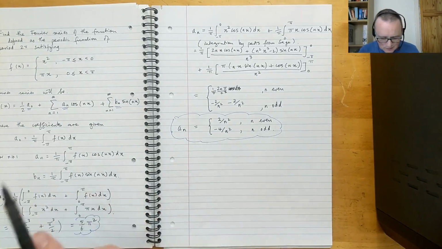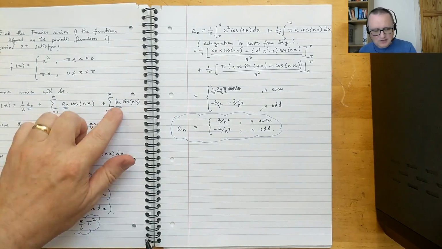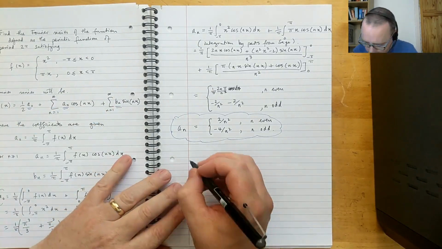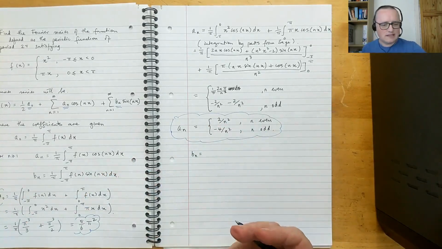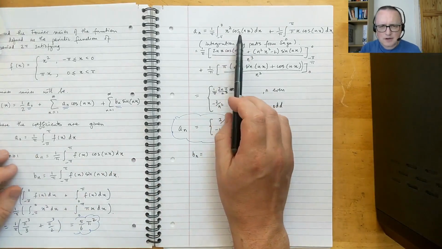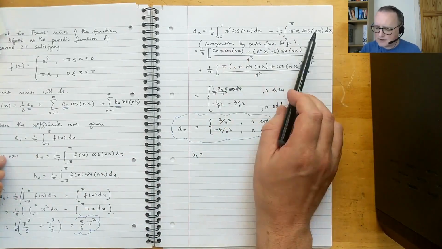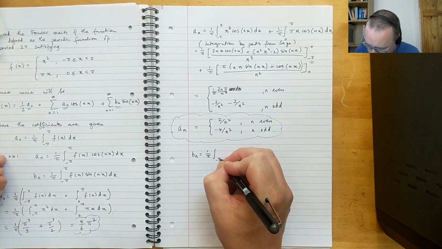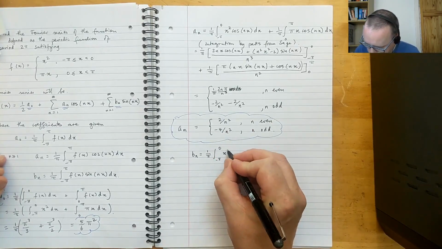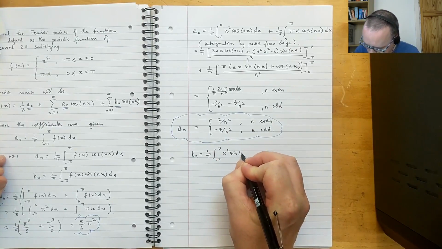Okay, so we've got one more set of coefficients to determine, which are the bn's. So again, we go into it in the same way. We're going to have a similar expression to this up here, but just involving the sine functions. So bn is 1 over pi times the integral from minus pi to 0 of x squared times sine nx.